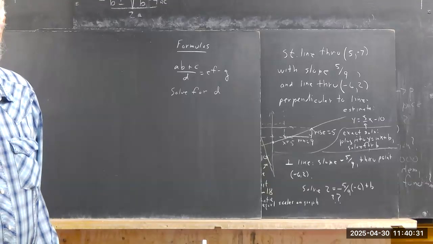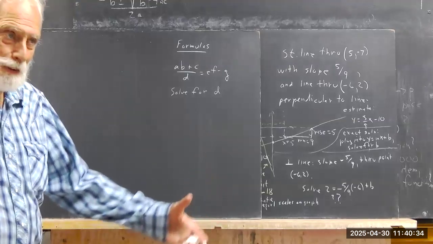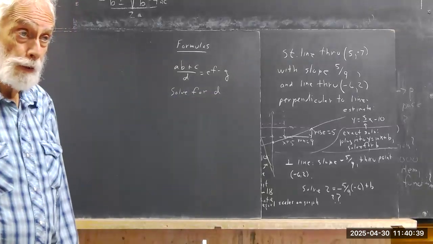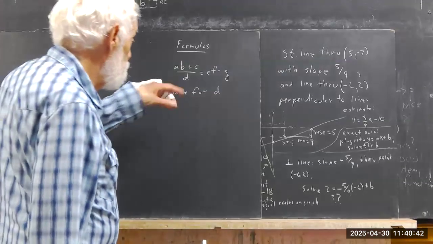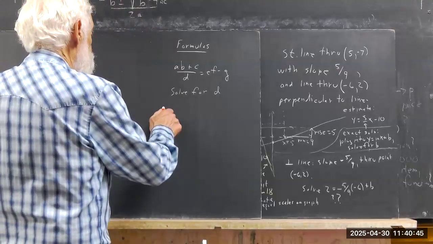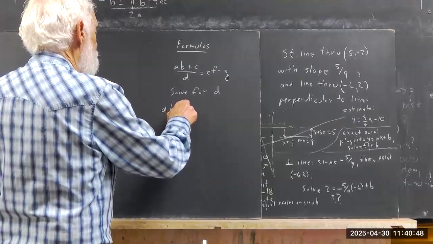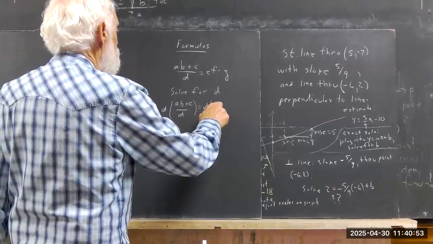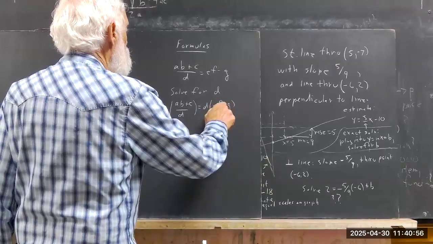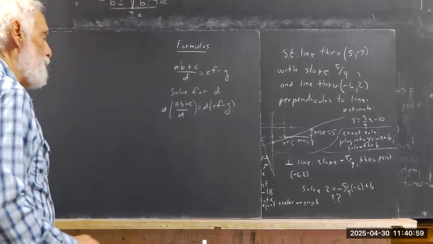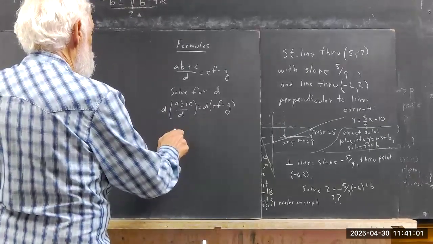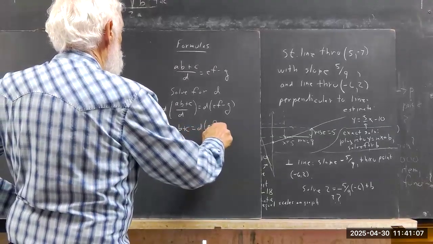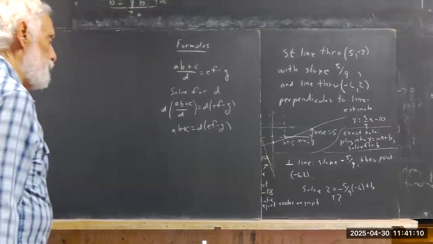Okay? So if you're the exception, and hopefully everybody's an exception, and remember to multiply by the common denominator, whether you're solving for D or anything, your first step here really should be multiply both sides by D. And you get this.